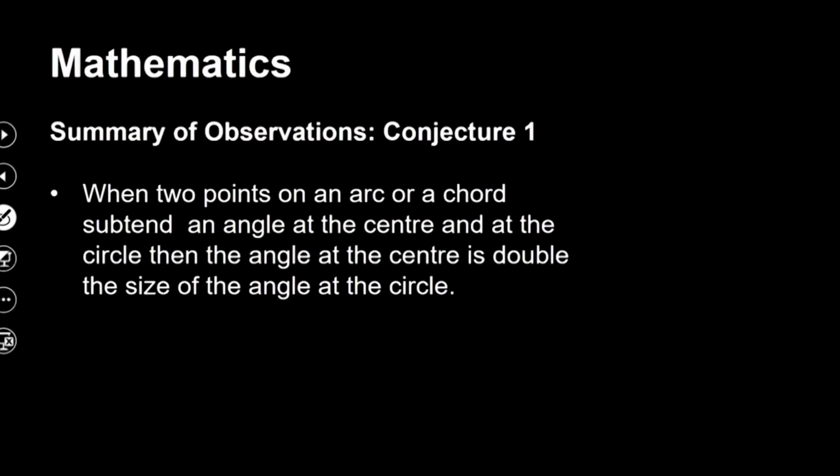The summary of the observation is the very first conjecture: when 2 points on an arc or a chord subtend, remember subtend means form, an angle at the center and an angle at the circumference, then the angle at the center is normally twice or double the size of the angle at the circumference of the circle. So what does that mean?